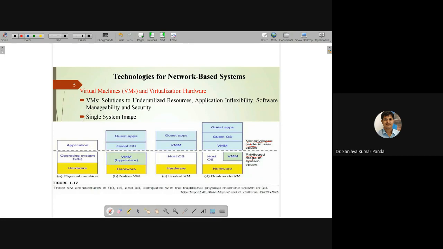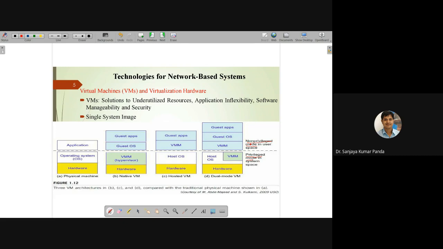This is non-privileged mode in the user space and privileged mode in the system space. Whether a mode is privileged or not depends upon the type of user, whether permission is given or not. Privilege is nothing but a special right that you have given to a person.